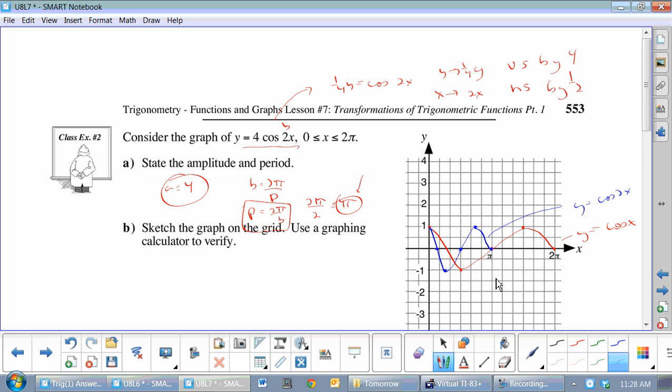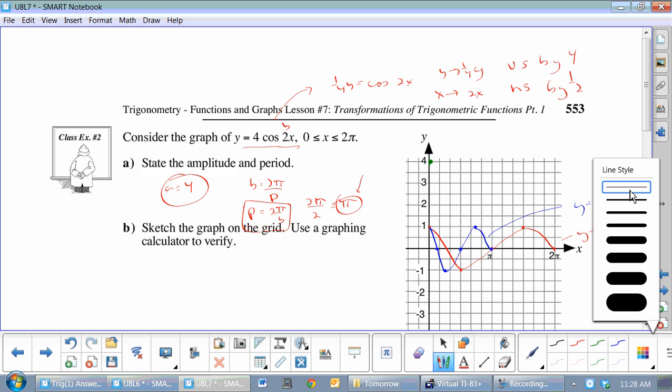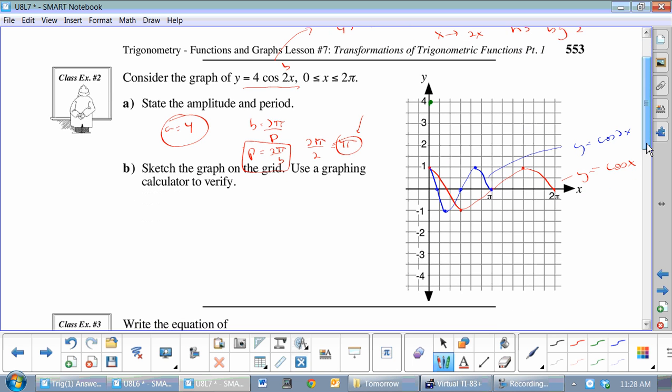Well, I'm going to take every y and multiply by 4. So this one comes up here. This one comes down here. This one's staying where it is. This one's coming up here. And that one's staying where it is.